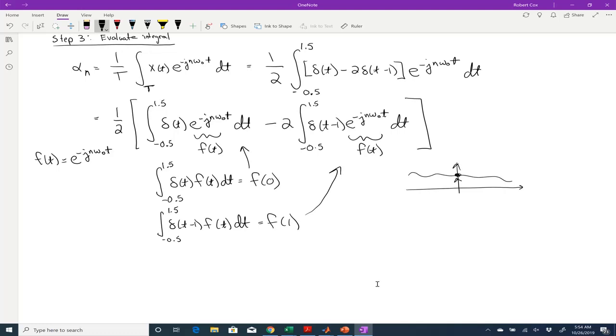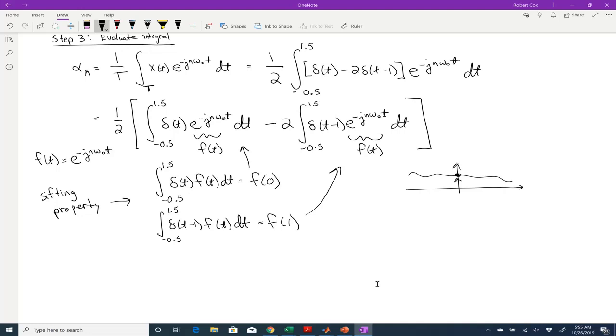Okay, so that's pretty convenient to be able to see that. So the sifting property, we call this the sifting property because what it's doing is it's sifting out the value of the function f of t. It's sifting that out from the main function at the location of the impulse. So you're sifting out one point from the overall function.